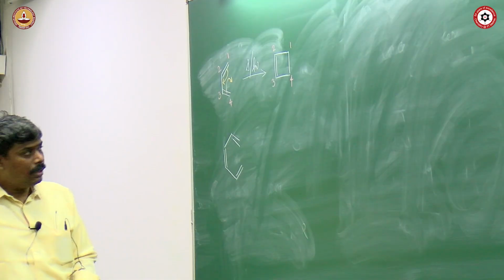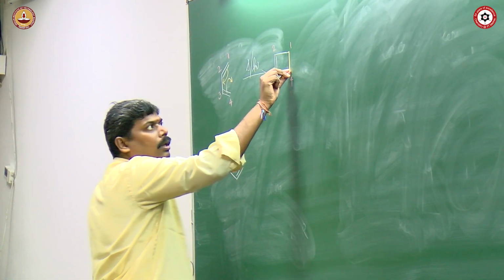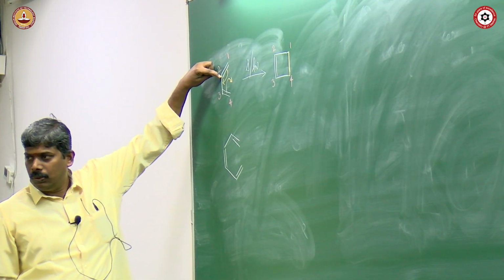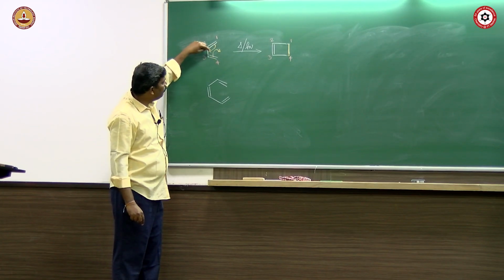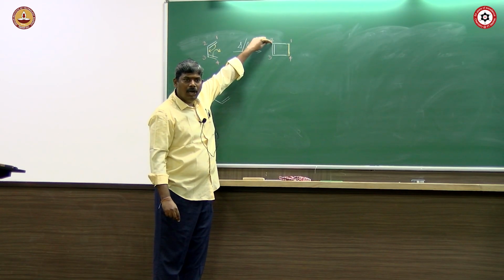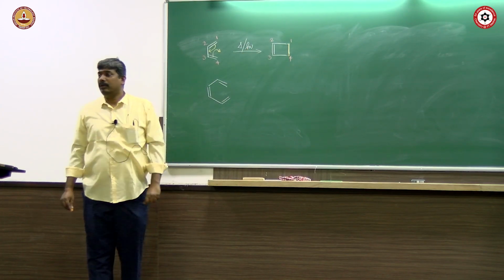So I have created a bond between 1 and 4 by breaking a bond between 1 and 2 and 3 and 4. In the process, the way I moved, one more bond is now generated between 2 and 3. So this is how you push an arrow and draw your product.